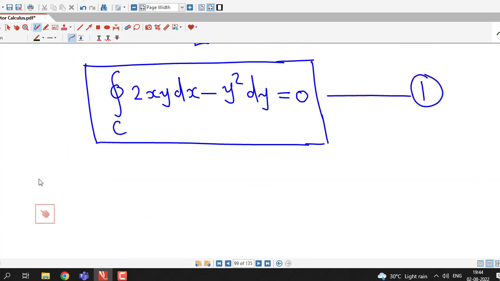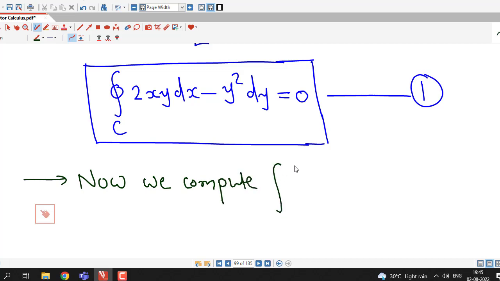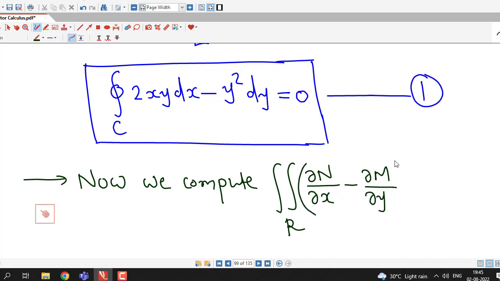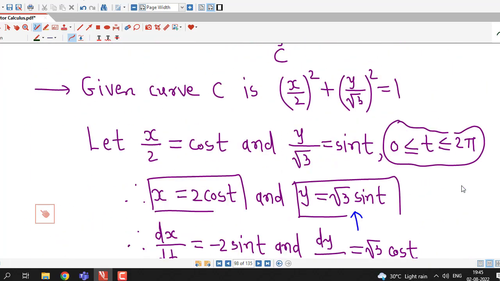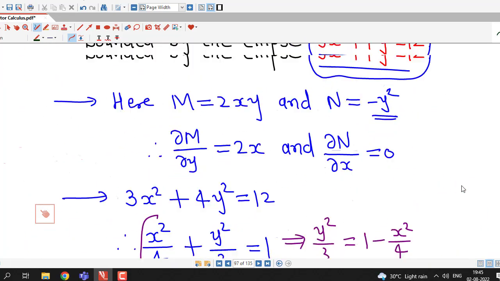Now we compute double integral over region R of the function del n by del x minus del m by del y, and here we choose integral first with respect to y and then with respect to x, and we have not written values of these partial derivatives.